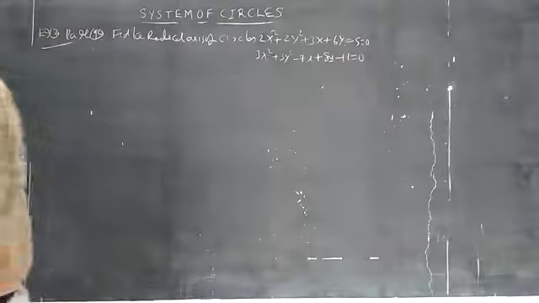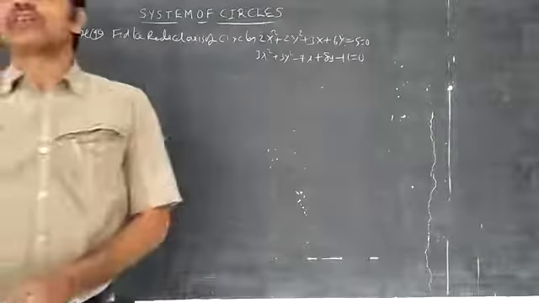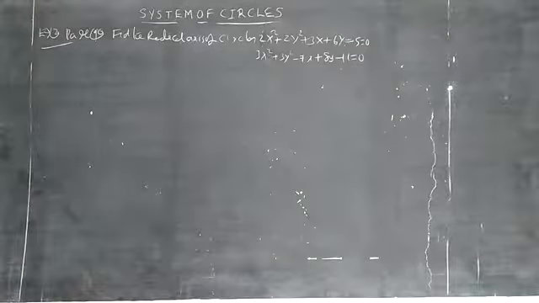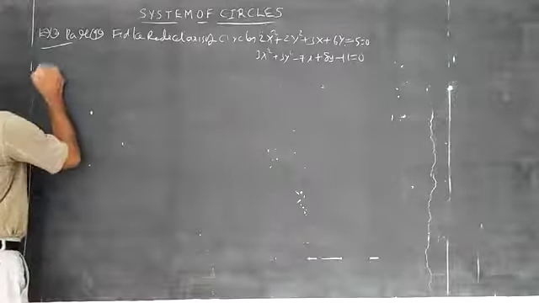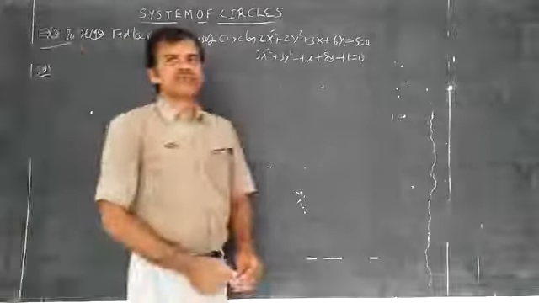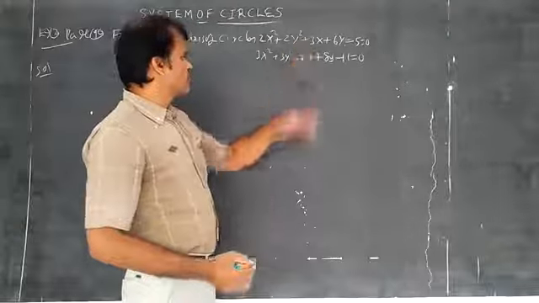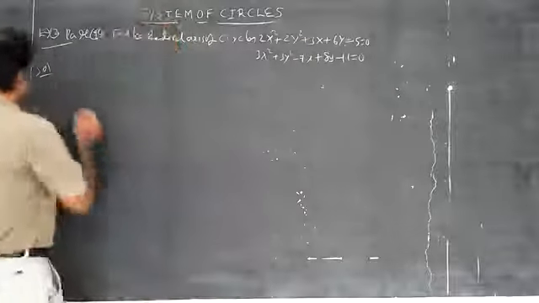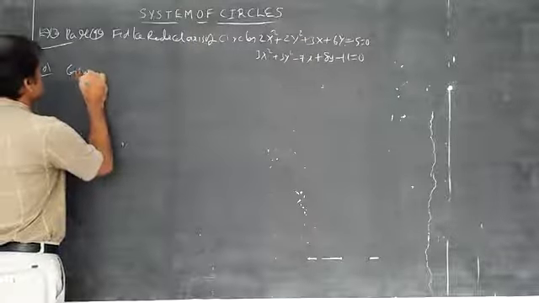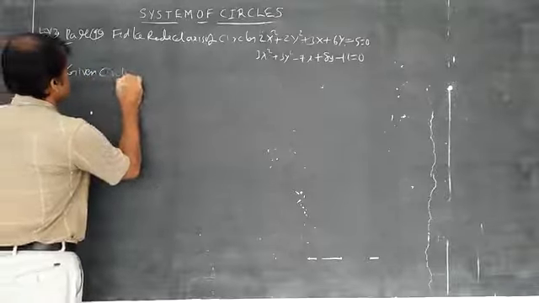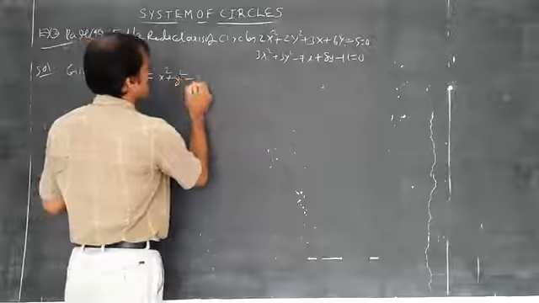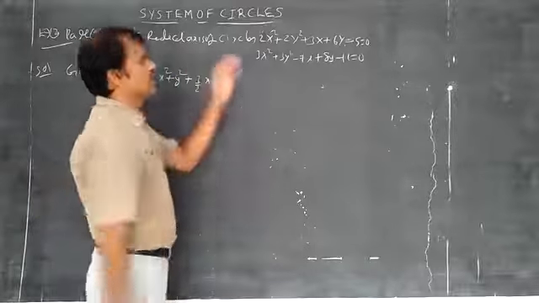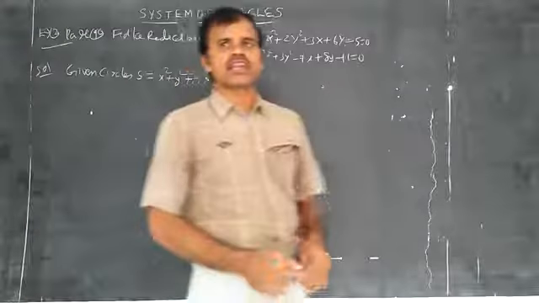We should calculate the radical axis of the two circles. Whenever the circle is given not in the standard form, we should get the equation into standard form. So what is standard form? We should get the coefficient of x square and coefficient of y square the same, that is 1. So given circles, you write: you should standardize, don't forget. If you forget and simply take S minus S dash, you will not get a line. It is absolutely wrong.